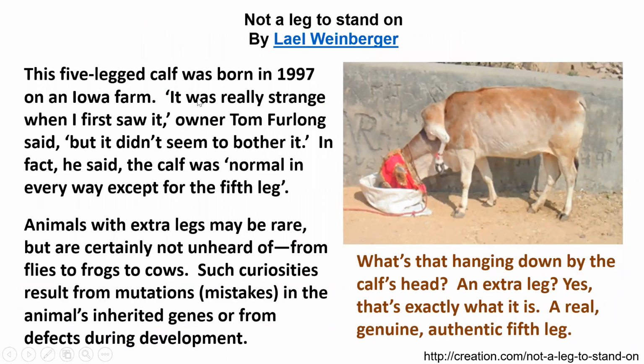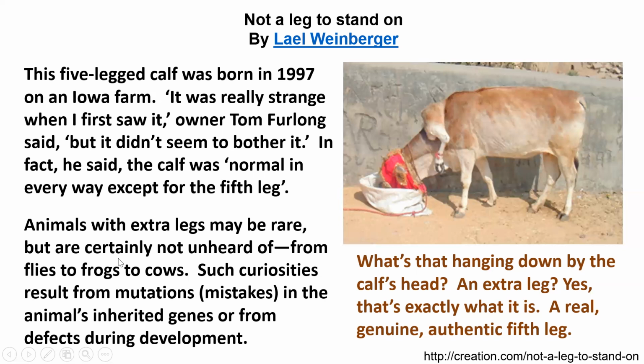So for example, this five-legged calf. There's a mutation. This calf was born in 1997 on an Iowa farm. It was really strange when I first saw it. The owner said the fifth leg didn't seem to bother the calf. In fact, the calf was normal in every way, except for this strange fifth leg. We see that animals with extra legs may be rare, but they are certainly not unheard of.